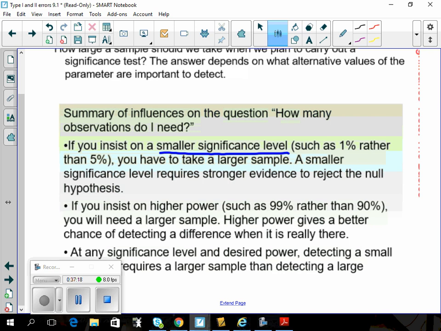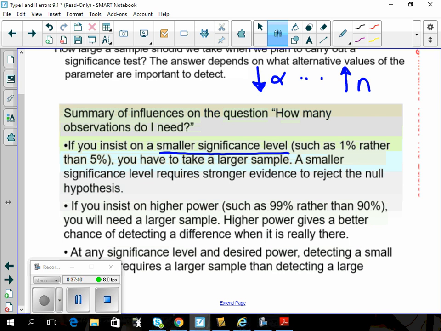That's important. I'd write that down, okay? Larger the sample, the smaller the alpha. We can even just write it down as basic as that. So if you want a smaller alpha, you must take a larger sample, right?